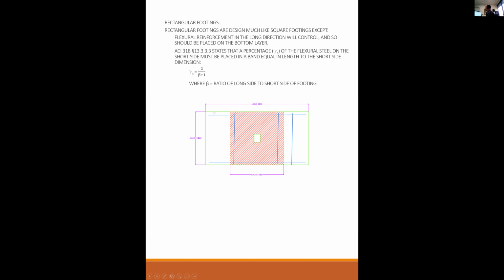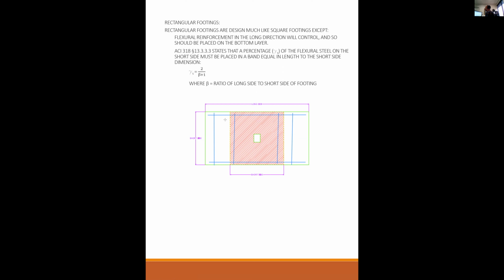And the reason why you don't make it equal, the reason why you bunch it up within this hatched area, is the mechanics of the actual footing. Most of the stress is going to be in this short area, not so much on the long area. We assume the bearing pressure qu is uniform over the whole thing, but it really isn't.